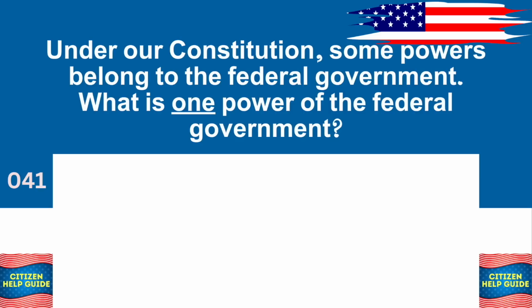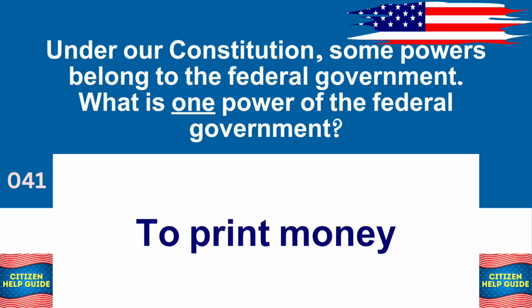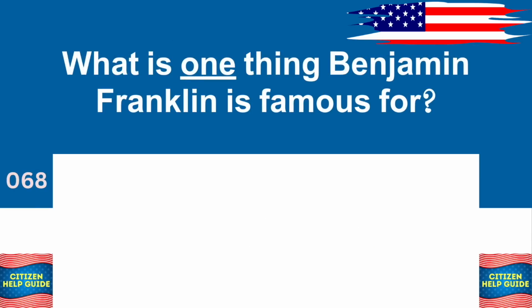Under our Constitution, some powers belong to the federal government. What is one power of the federal government? To print money. What is one thing Benjamin Franklin is famous for?